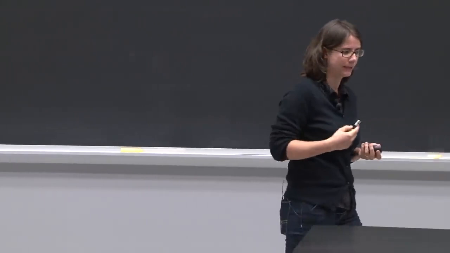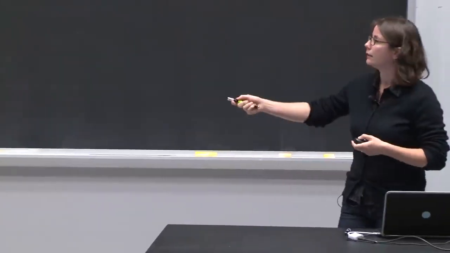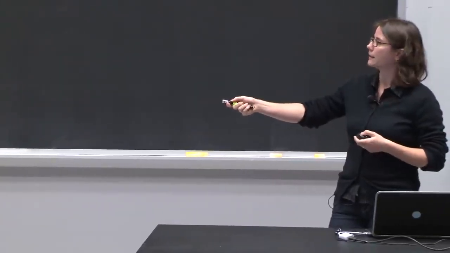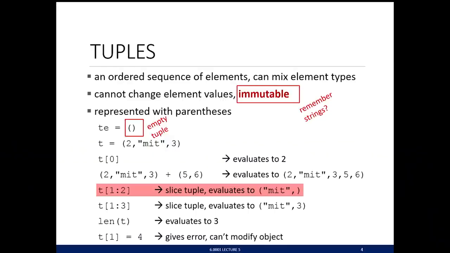Again, much like strings, we can slice into tuples. So t sliced from index 1 until index 2. Remember, we go until the stop index minus 1. So this only gives us one element inside the tuple. And this is not a mistake. This extra comma here actually represents a tuple object.